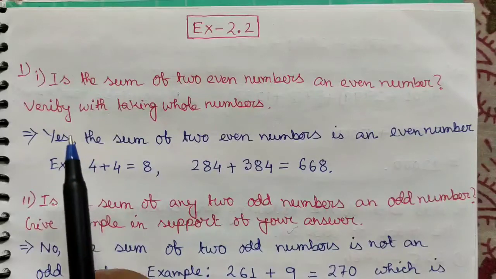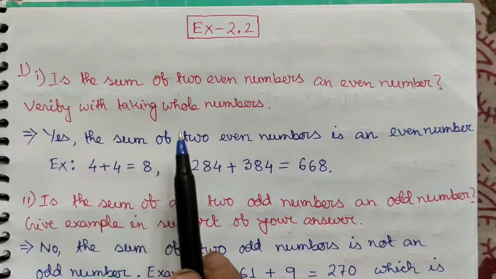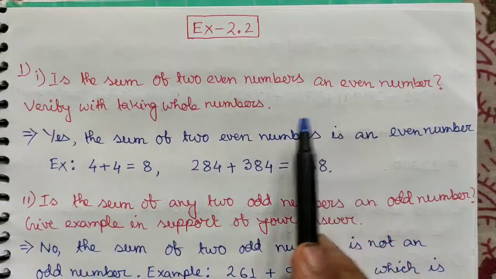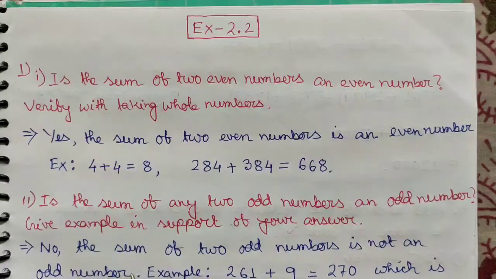Here the first question is: is the sum of two even numbers an even number? First of all, we have to know what an even number is. Even numbers are those numbers which are divisible by 2, or the numbers which have 0, 2, 4, 6 and 8 in the unit place.